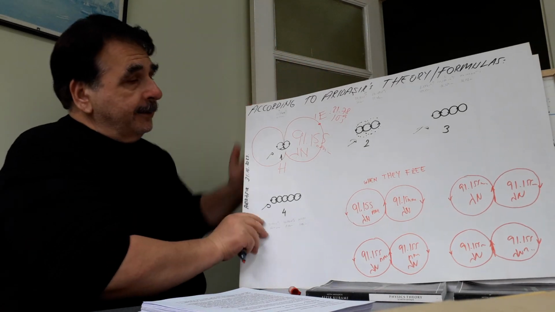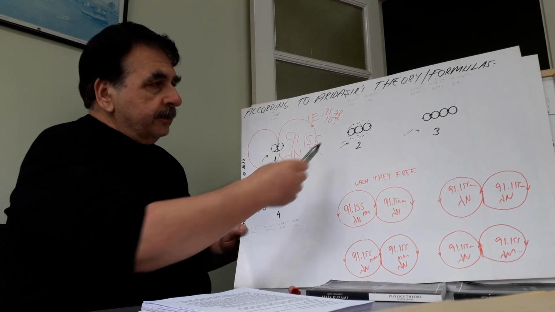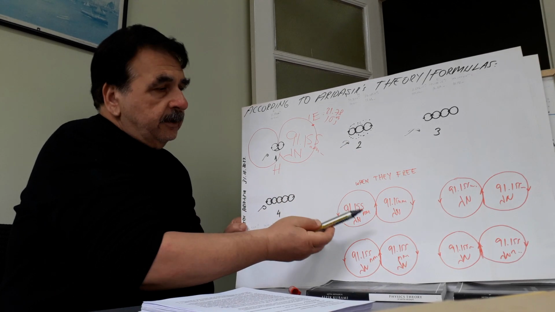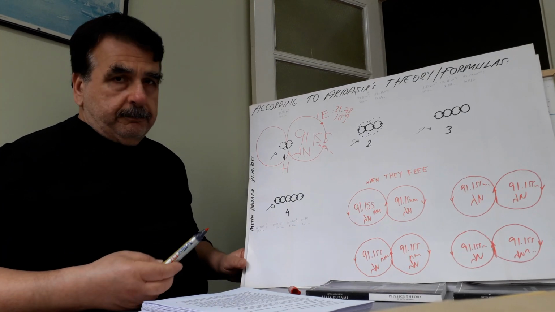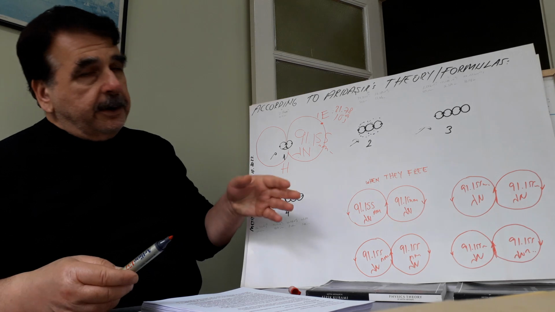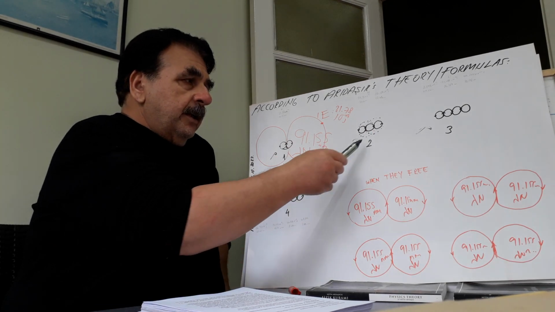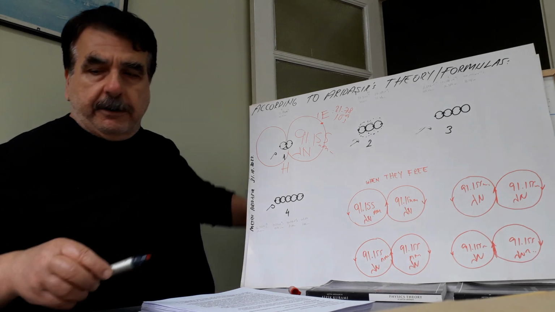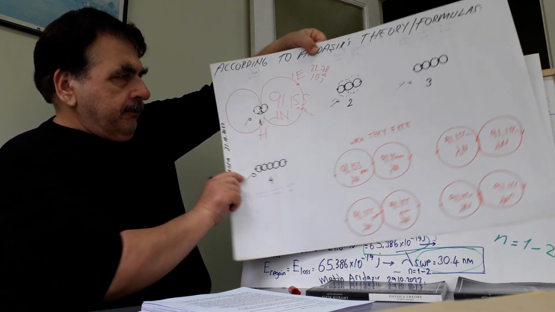But if, for instance, this free electron motion form 91.155, this is a proton chain.